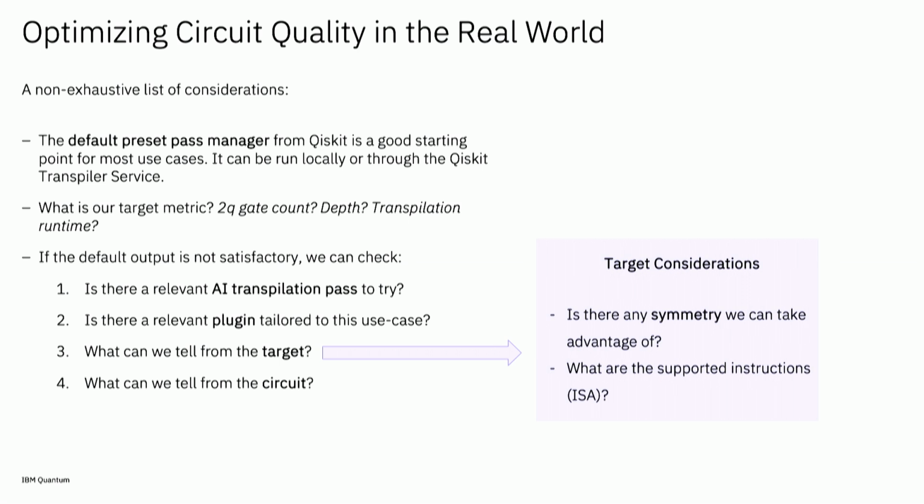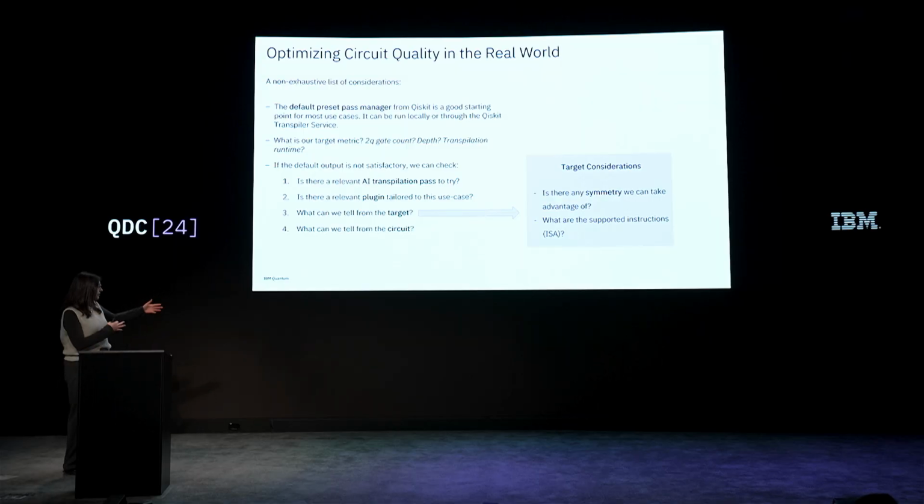Yesterday, Julian talked about how we classify circuits depending on their structure or the high-level mathematical operations. This would be the structure part. So can we connect the structure of our circuit to the structure of the coupling map? Are the gates in our circuit matching the ISA set or the supported instructions of the target? So these are just things that we should pay attention to.